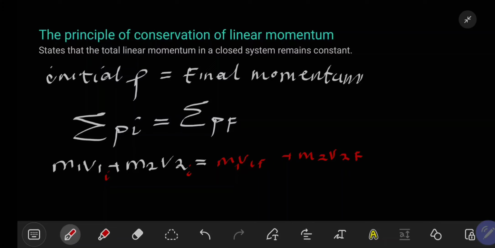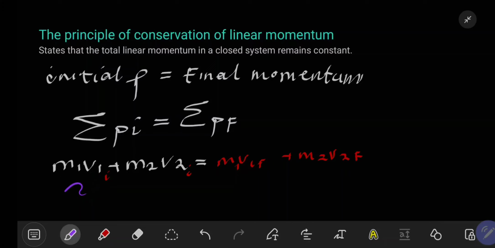From this formula, when you expand it in this way, it can differ depending on the situation given. Sometimes the two masses can share a velocity initially.